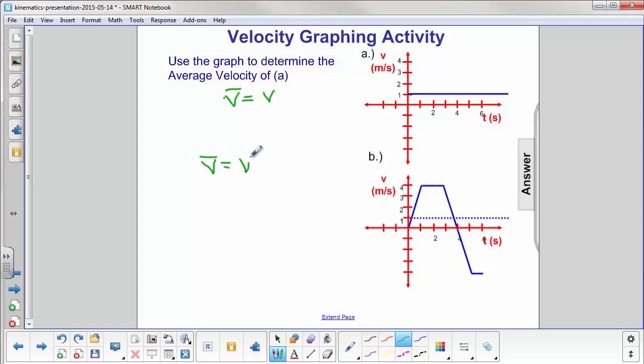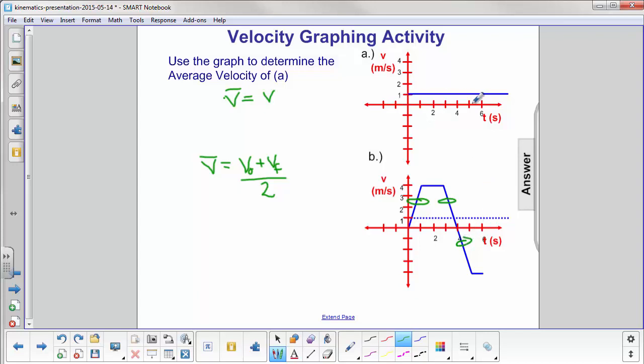You take your initial velocity, you add it to your final velocity, and you divide it by 2. This is very similar if you're asked to take an average of 2 numbers. You just add the 2 of them together and divide by 2. Now, this equation will be used for this part of the curve, this part, and down here.